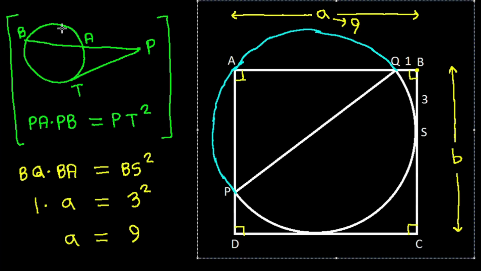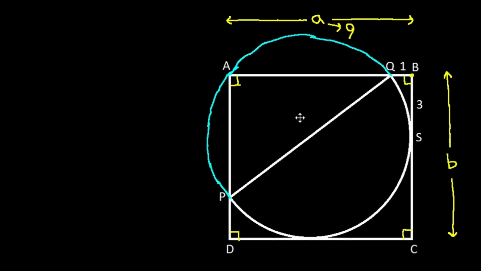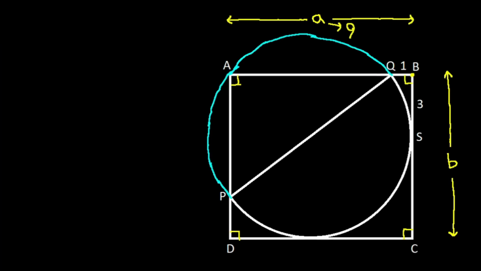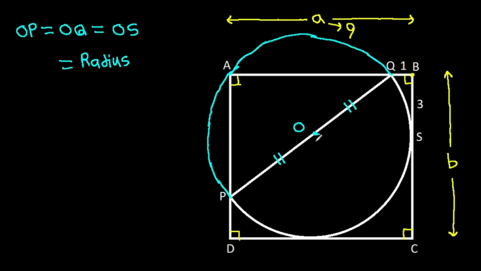Now suppose the center of the circle is O, then OP will be equal to OQ, which will be equal to OS, that will be the radius.